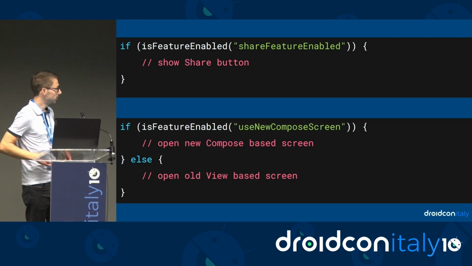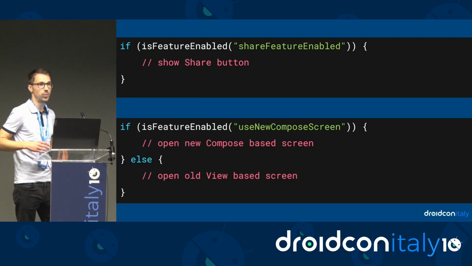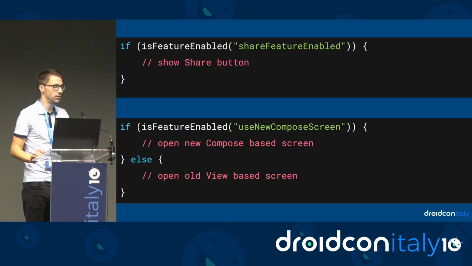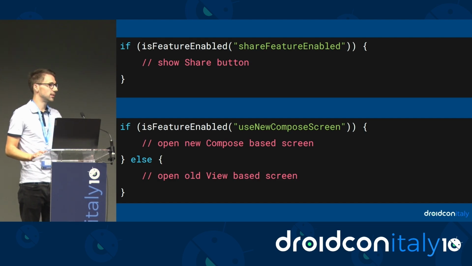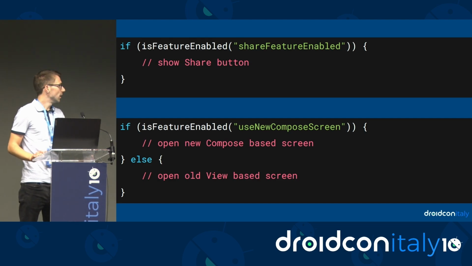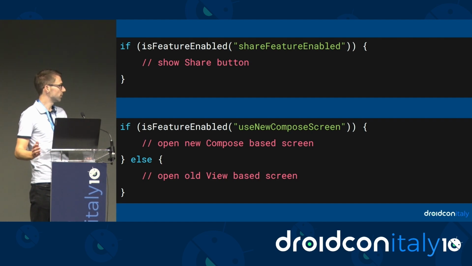But you can also do more complex things. Let's say you're introducing Jetpack Compose to your application and you're slowly migrating screens and the whole app to Compose. If you're rewriting a screen from the old view-based system to the Compose one, you don't want to just replace the screen because you might introduce some new bugs that weren't there before and you might break something for users.